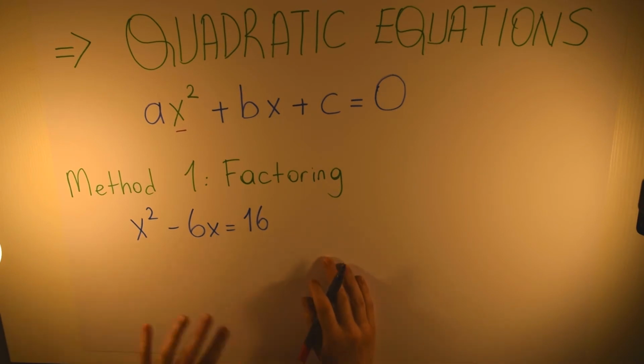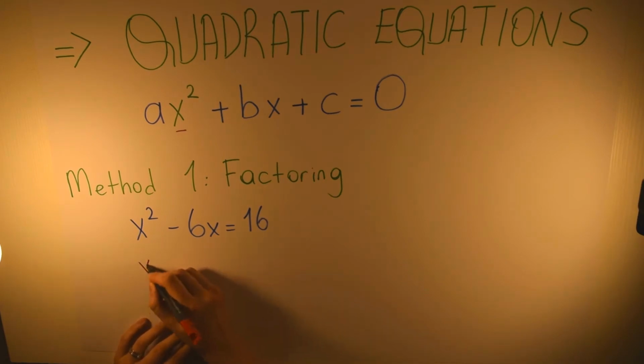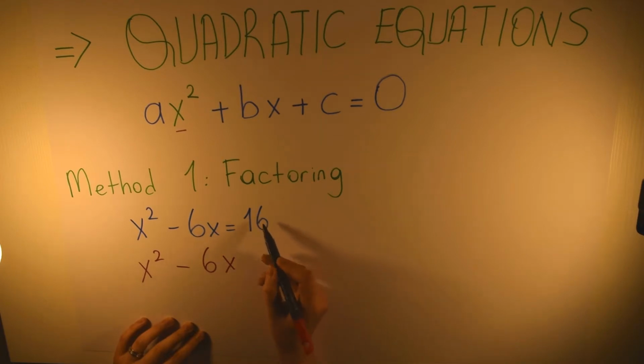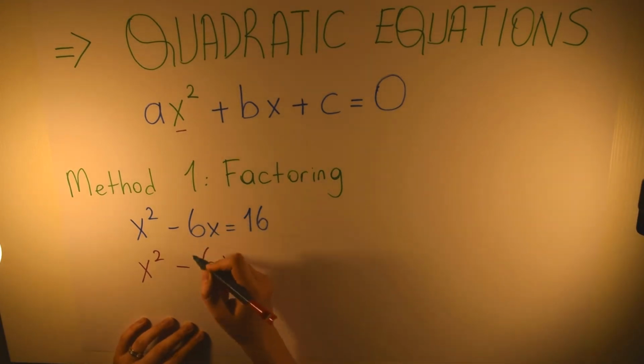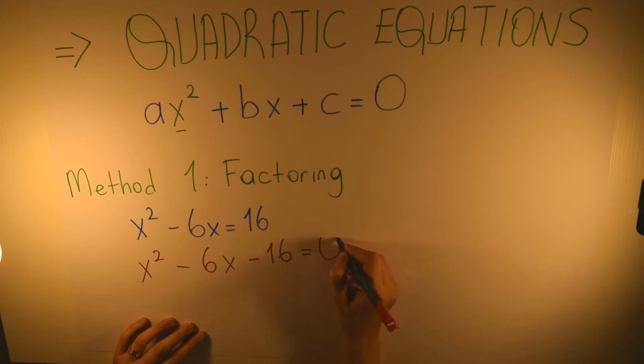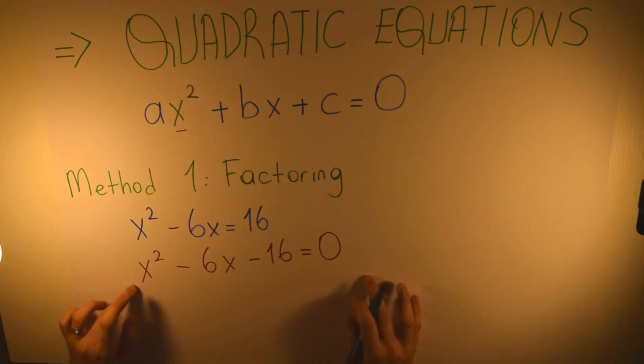So here we have x squared minus 6x, and I move this 16 to this side, where it becomes minus 16, which is equal to 0. Now I can factor this equation.